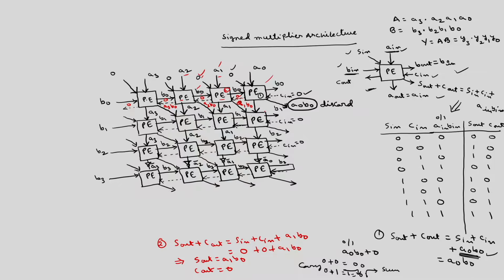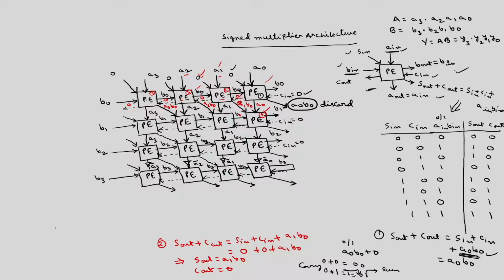So, coming to this processing element, what are the inputs? A0 is this input, this is B1. Okay. So, sum in for this, if I call this one as 1, 2, 3, 4, the fifth processing element.